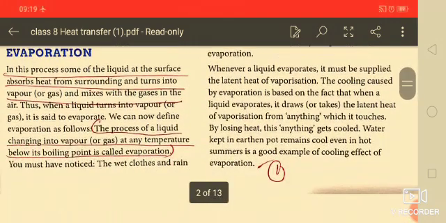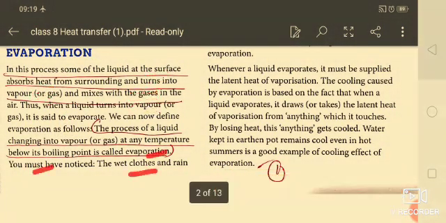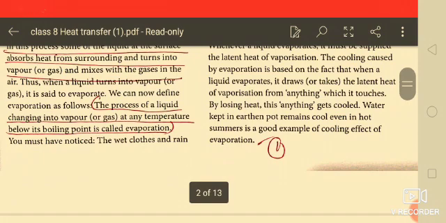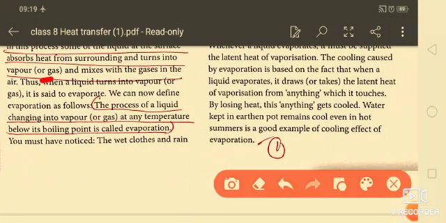Now evaporation is the process in which some of the liquid at the surface absorbs heat from the surroundings and turns into vapor and mixes with the gases in the air.